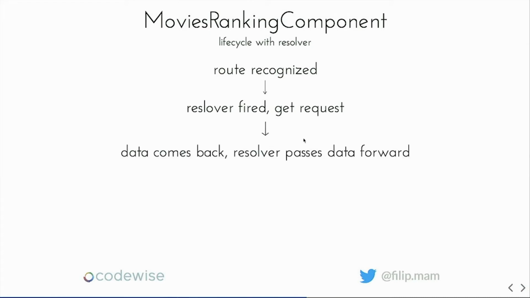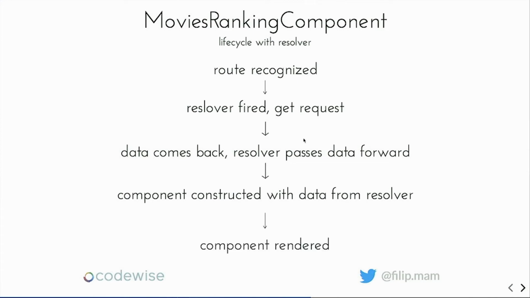And so the data comes back. Angular passes it through to the component. So the component is constructed, instantiated with the data ready to be rendered. So the component is rendered in a single shot, without those fuzzy jumps or default values set to 0.